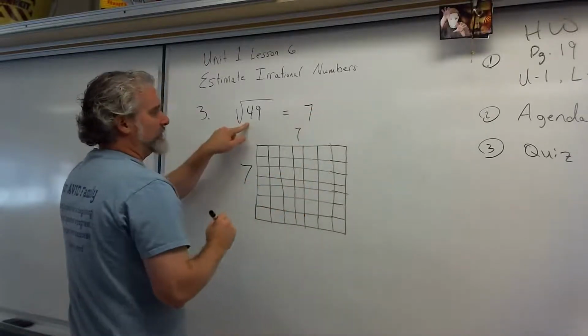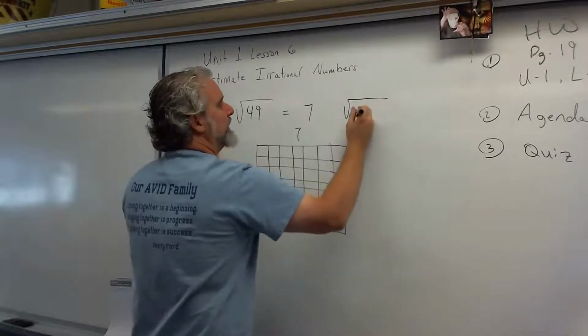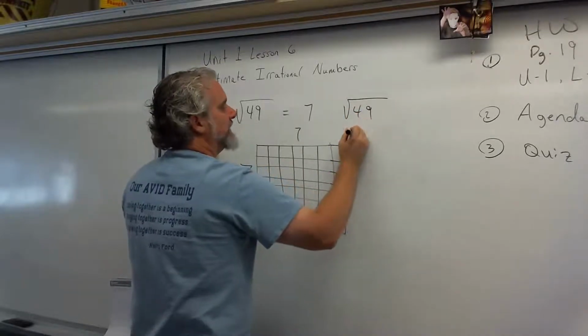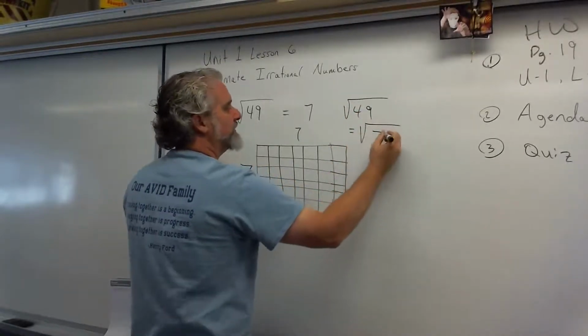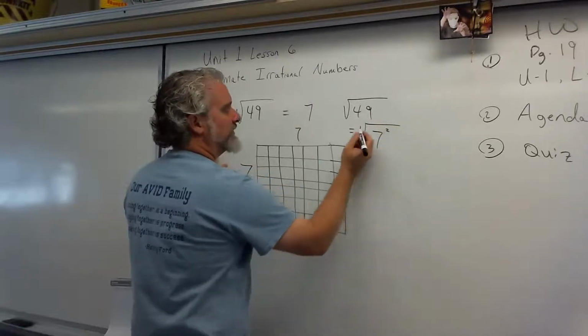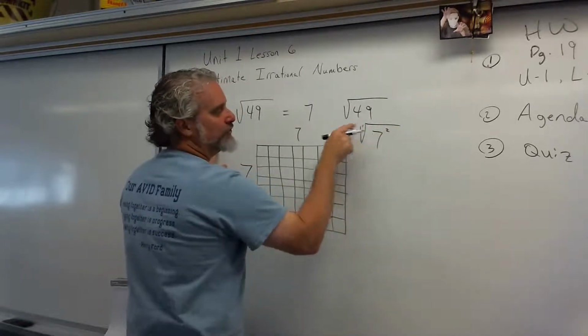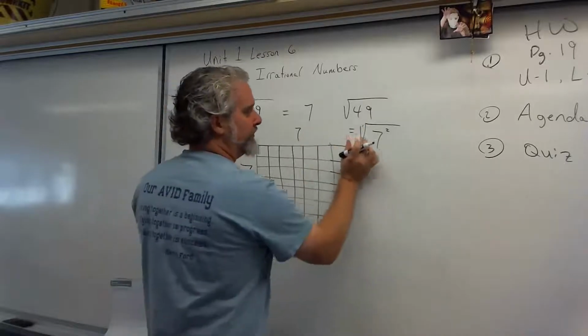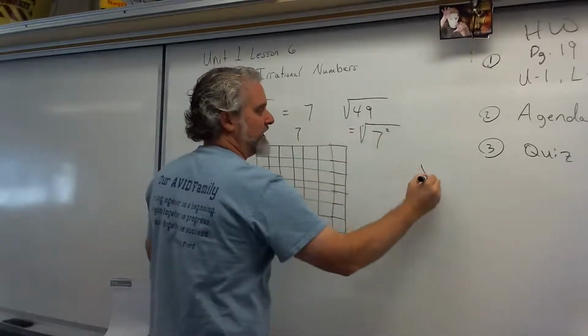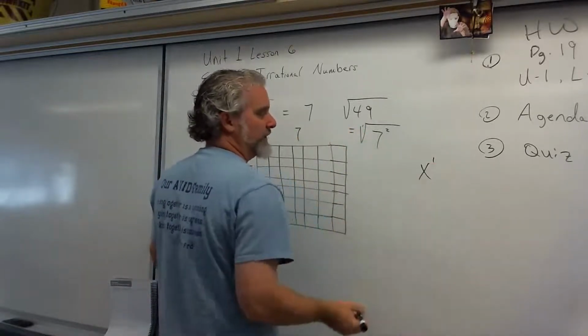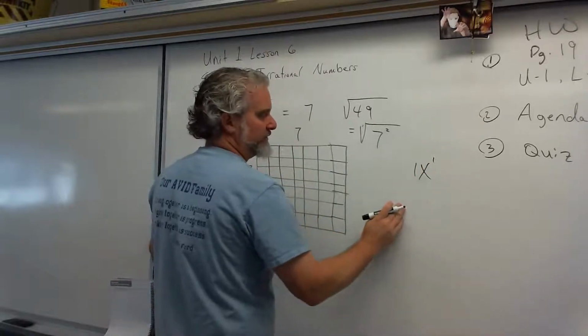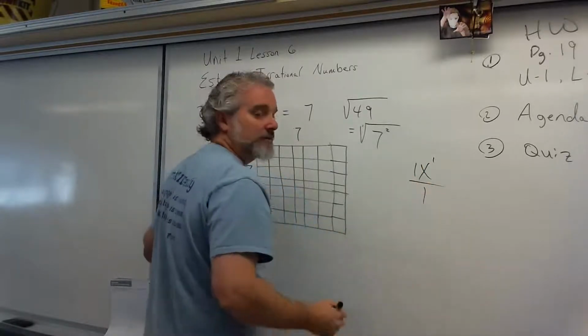Now remember, another way to write this is square root of 49. It's the same thing as the square root of 7 squared. And like I showed in class, there's a little 2 that goes in here, but we just don't write it. It's assumed to be there. Just like when we have x to the first power, there's a 1 up there. We just don't write it. There's a 1 in the front. We don't write it. And it's all over 1. We just don't write it.